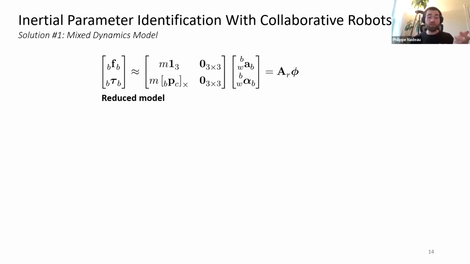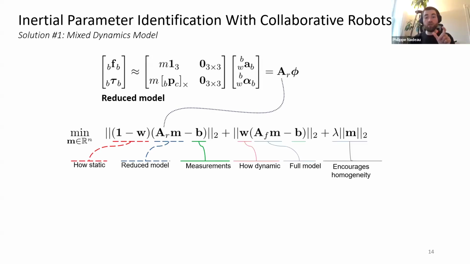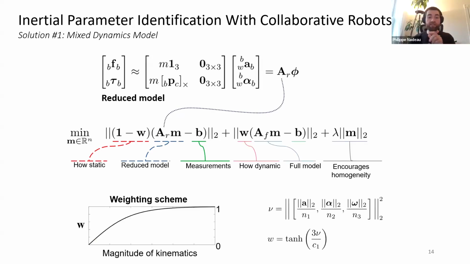And so this reduced model is combined with the full model through a weighting scheme, which depends on the magnitude of the velocity and acceleration signals.